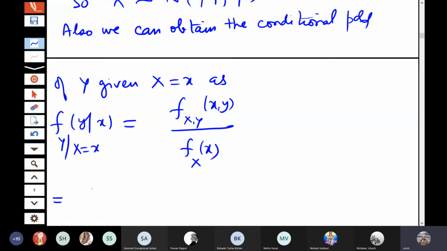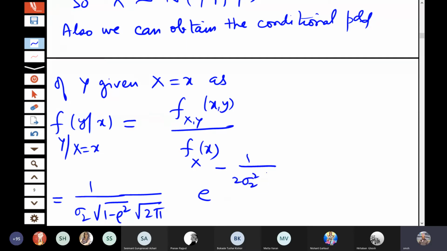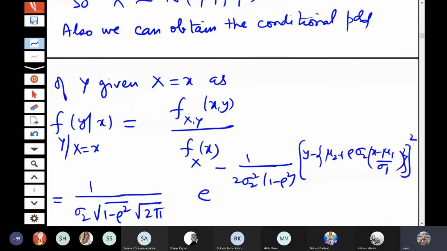So this term gets exactly cancelled out and you are left with 1 by sigma 2 root 1 minus rho square into root 2 pi e to the power minus 1 by 2 sigma 2 square 1 minus rho square into y minus mu 2 plus rho sigma 2 x minus mu 1 by sigma 1, whole square, which is nothing but a normal distribution with this mean and this variance.